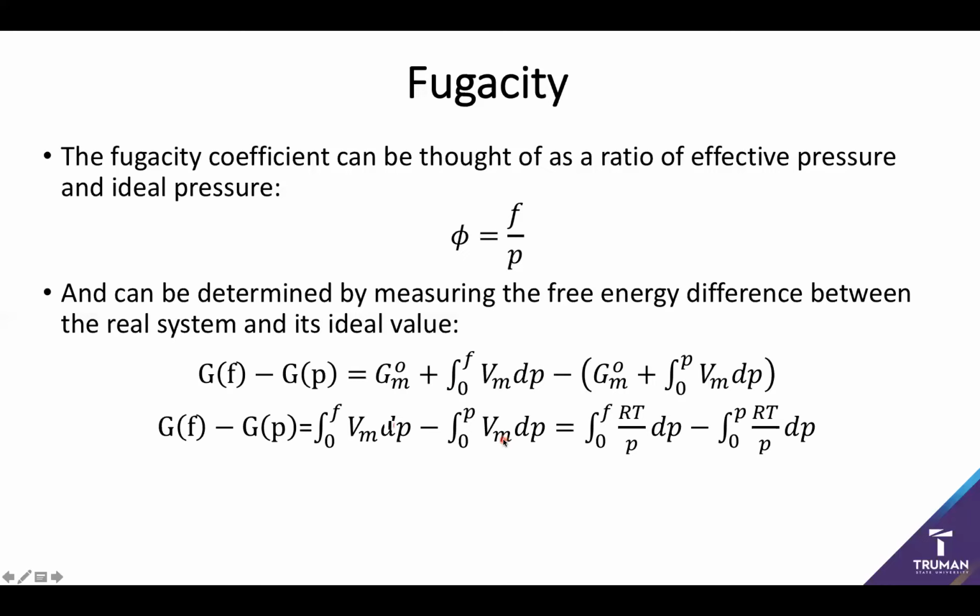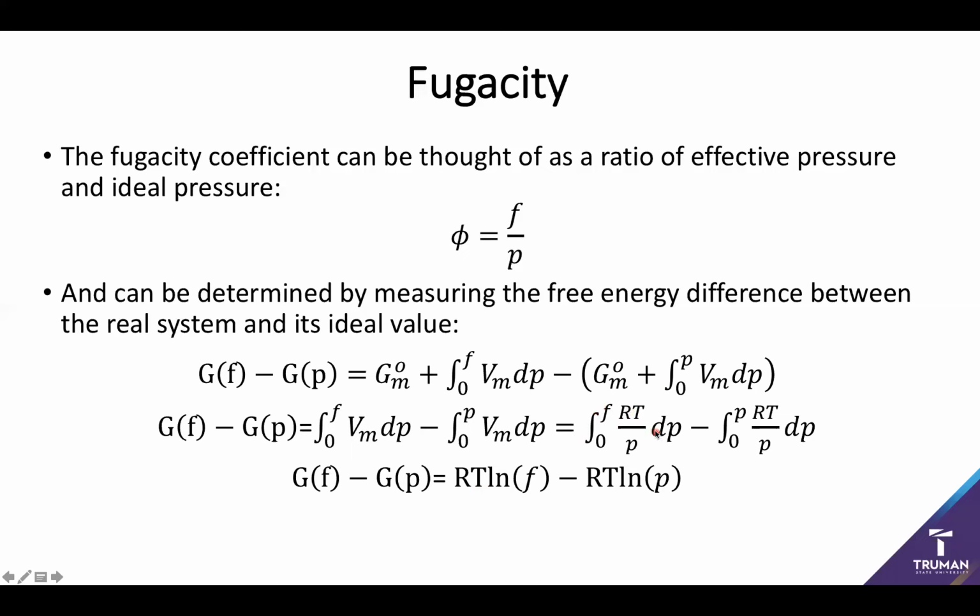Now, since the whole premise of this idea is that I'm able to treat the system as if it was ideal, well, I can essentially treat both of these molar volumes with the ideal gas law. And so I'm going to have the integration from 0 to f of RT over the pressure, and the integral of 0 to P for the same equation. Well, both equations are going to essentially generate RT because these are constants and will come out front.